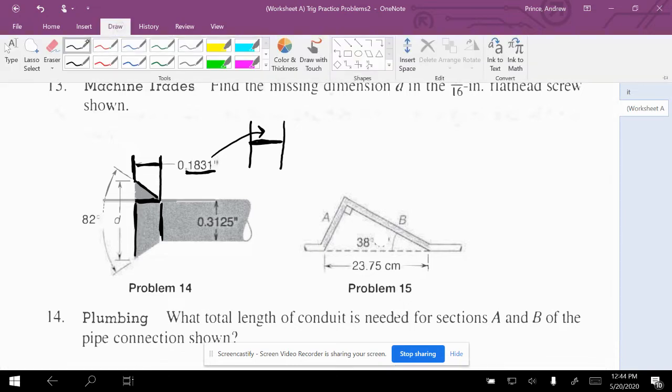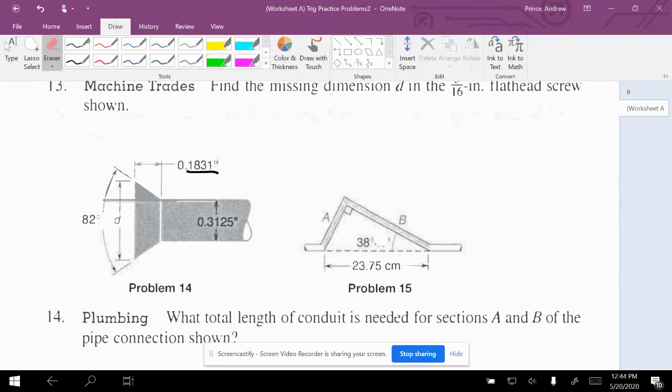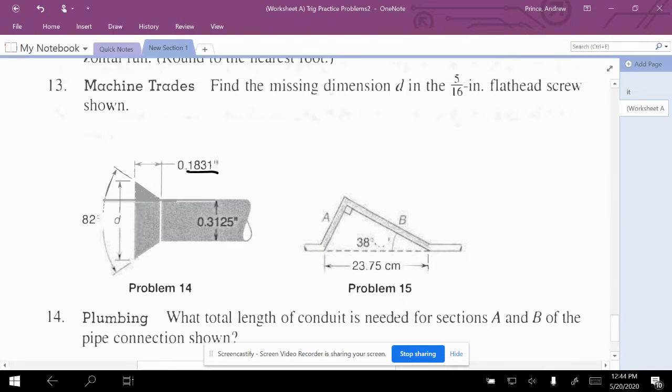Now, when you have this angle here, they're not telling you that that angle is what is that distance. They're telling you just this line to this line straight across is this number. If they were to be talking about this line here, instead of having it like this, they would have it oriented like this.